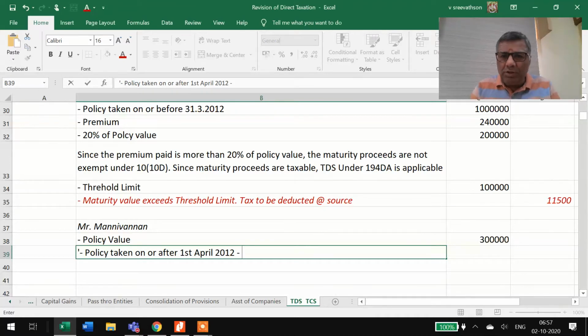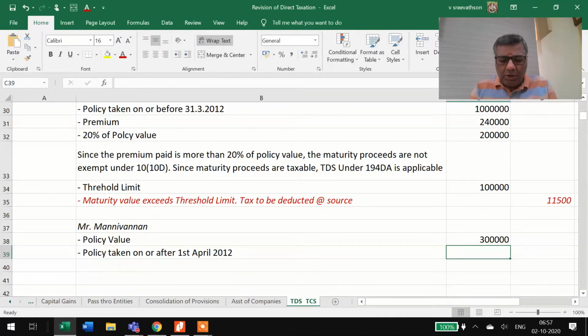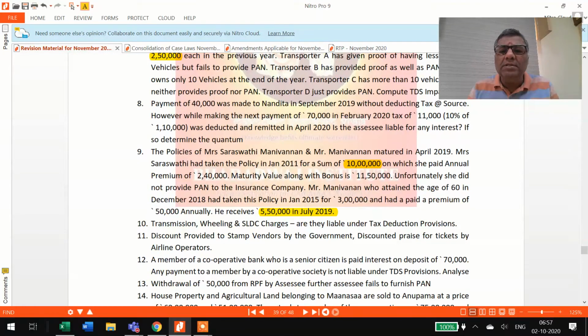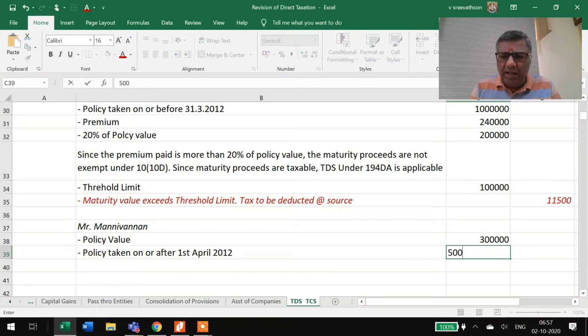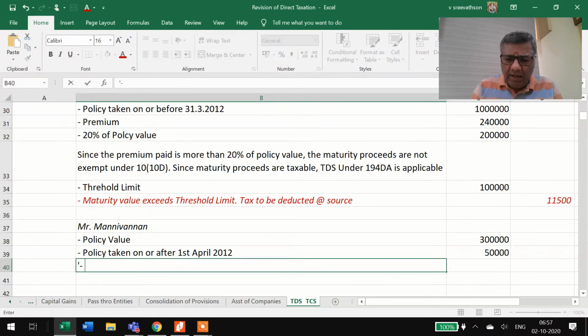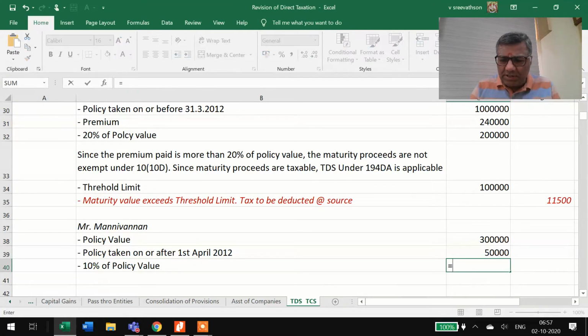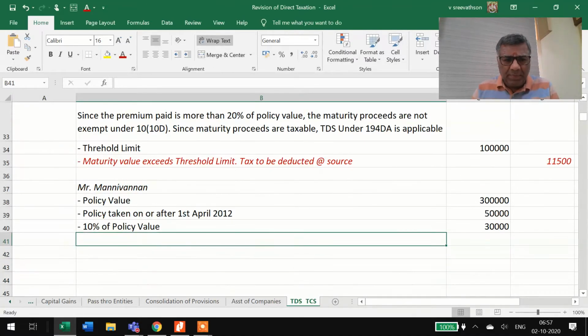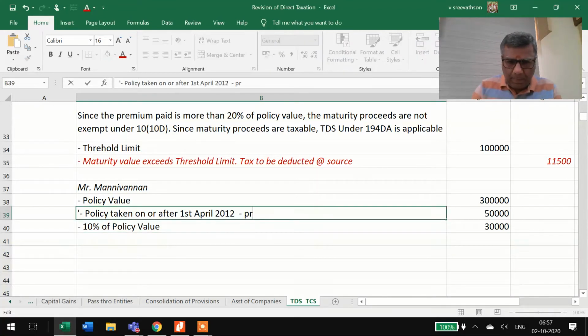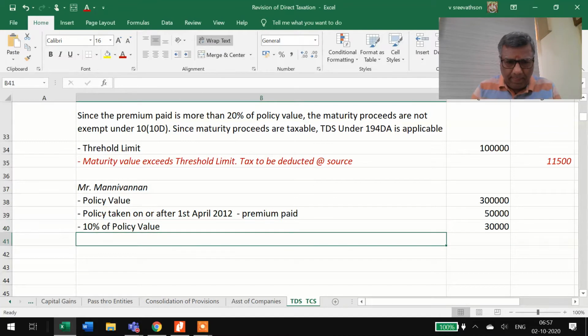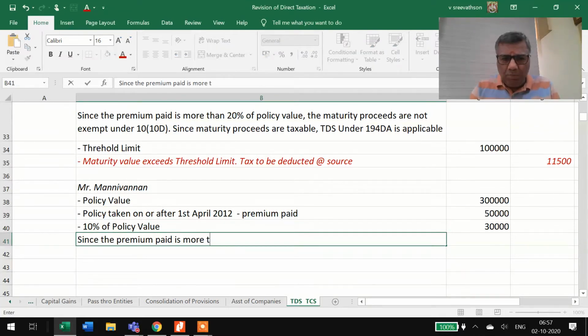The premium paid is 50,000 annually. 10% of policy value, because it is taken on or after 1st April 2012, is 30,000.